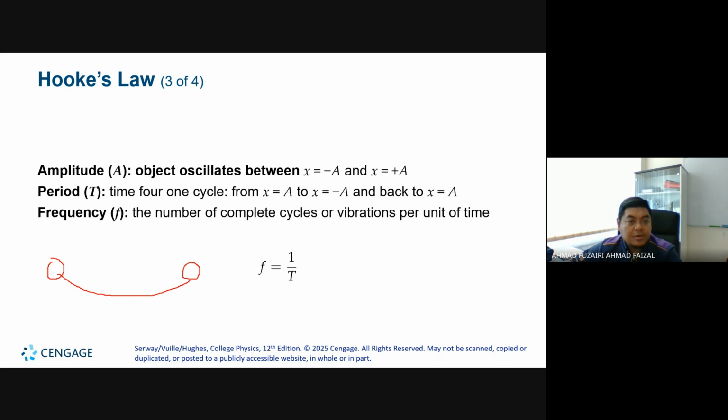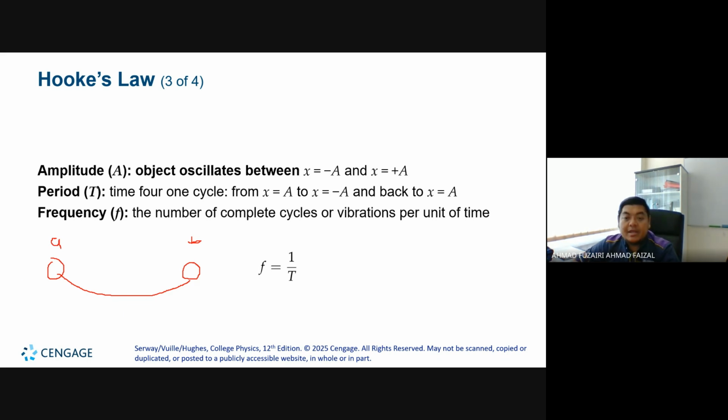It goes from this part, let's say point A, and it goes to point B. So what is one complete oscillation? When the pendulum moves from point A to point B and goes back again to point A. That is one complete oscillation, which is given by one period, one T. Then you can still measure the time.